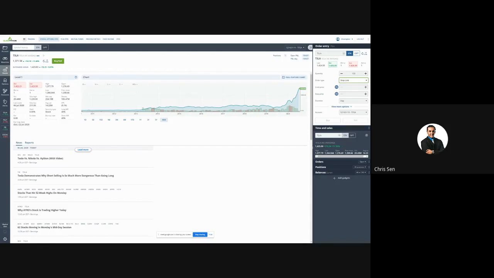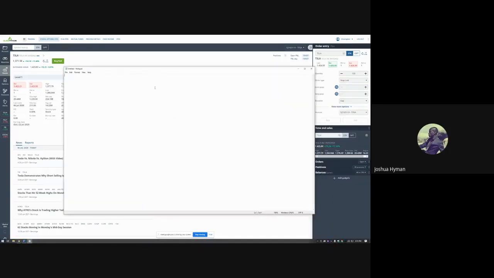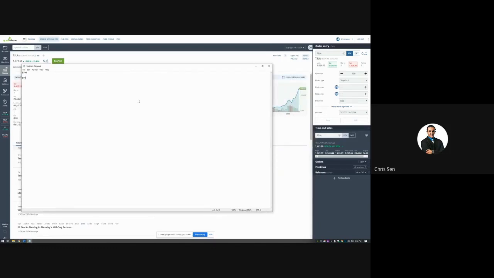I'm going to open up Notepad here just so it's simple. Let's say you have a stock at $100 and you want to set a stop limit of $98, right? Or stop loss of $98.